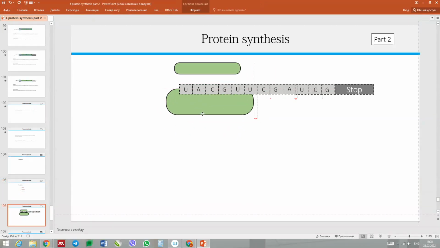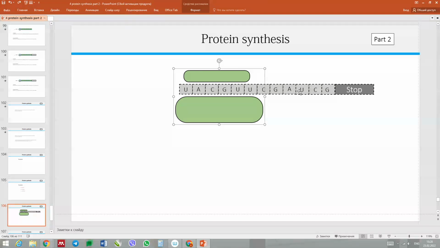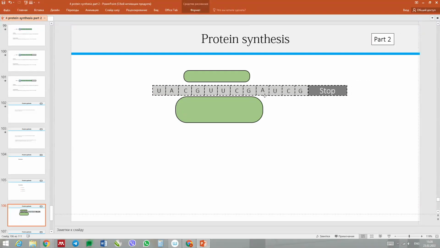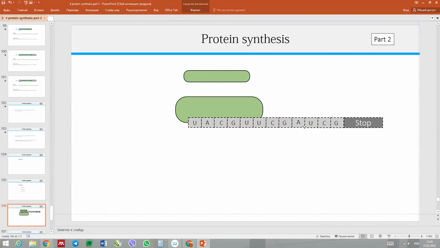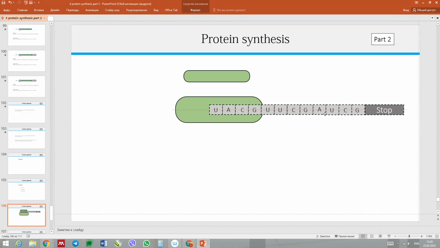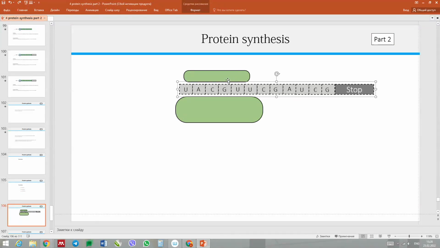Here you see a ribosome, and we see, oh, it's moving. And we see here messenger RNA. This messenger RNA arrived here from the nucleus, and it was associated with certain ribosomes.